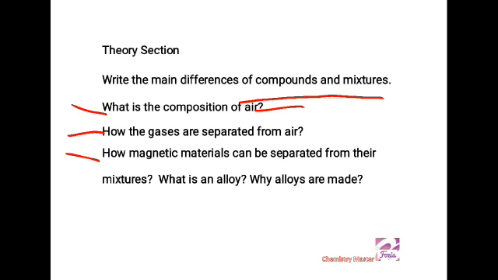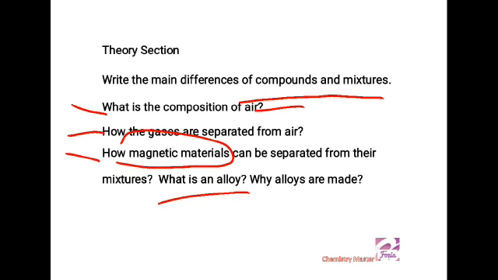How can magnetic materials be separated from their mixture? This is very obvious. Whenever magnetic materials are separated or collected, we use magnets for them, because this is the only way to get them separated, because they are attracted by a magnet. What is an alloy?